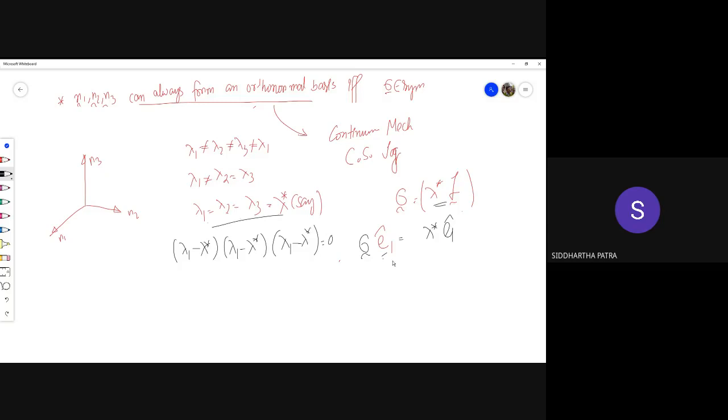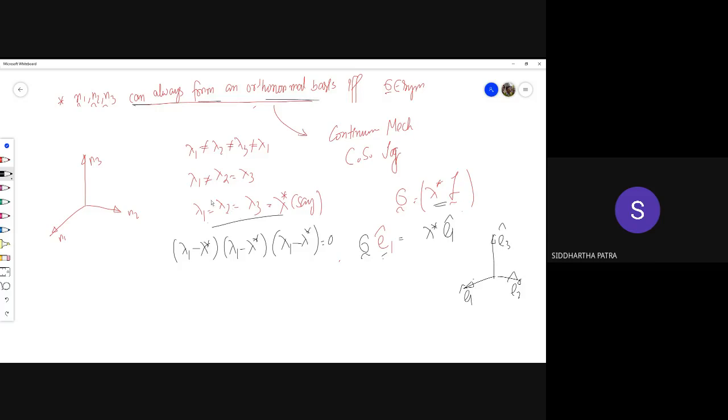So that means any arbitrary vector is an eigenvector to this symmetric tensor, which means that I can choose a set of orthonormal vectors, let's say E1, E2, E3, and make them my three eigenvectors. So I can form an orthonormal basis out of it.